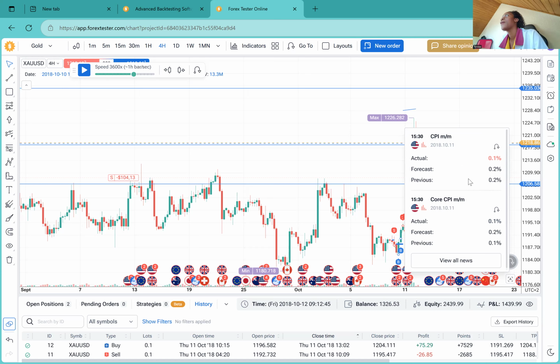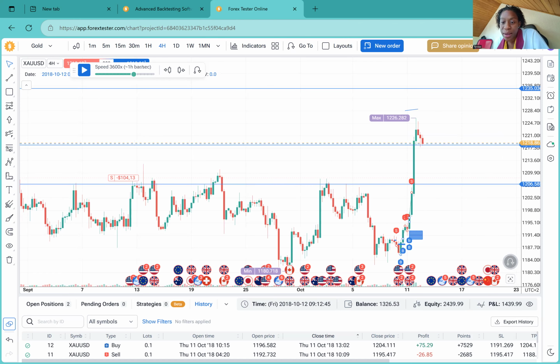CPI, I believe, is every last Friday of the month. So when you get the previous, it will be what it was last month. It was 0.2%, which equates to billions and billions of dollars in data collected about the economy in the US. So this is USD news, which has caused this spike.